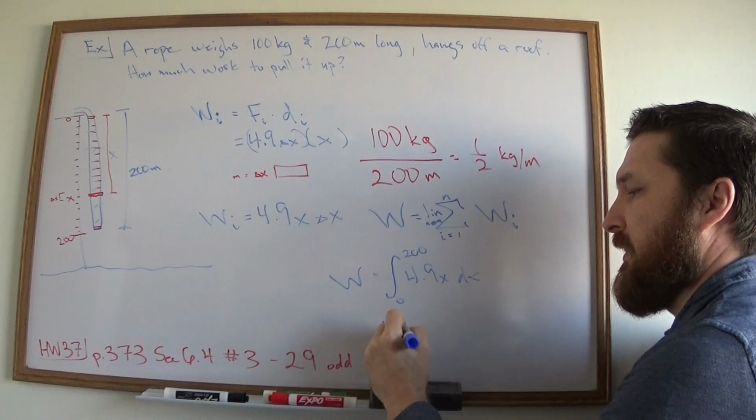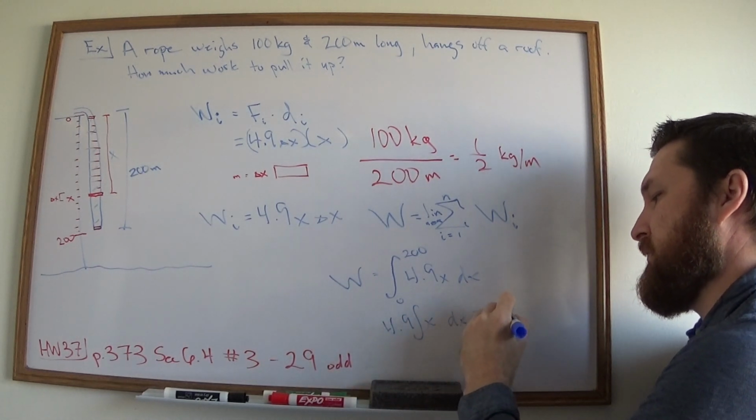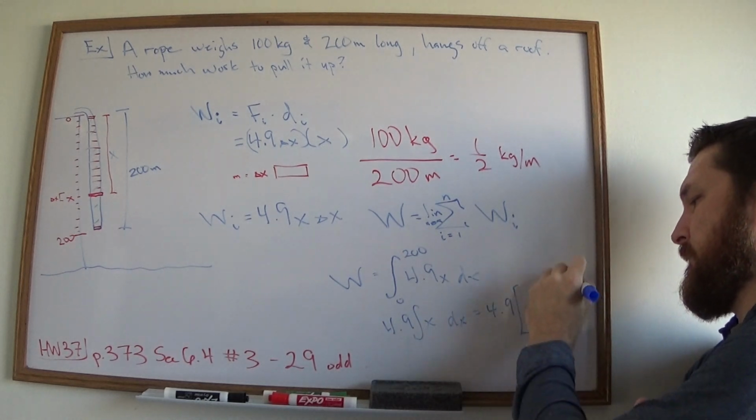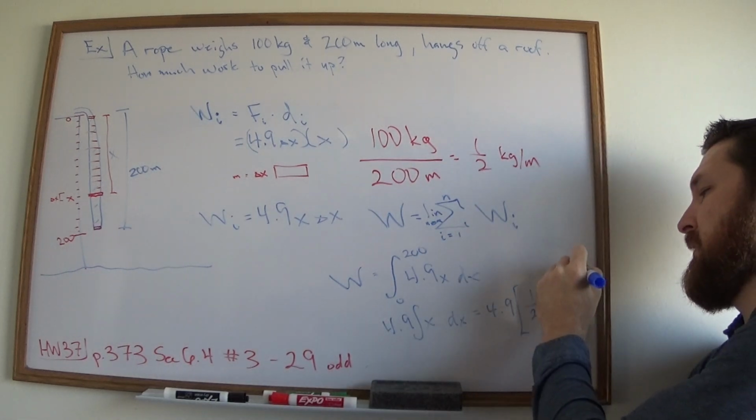And so I'm going to pull out that 4.9, and I get my x dx, which is 4.9 times what? 1/2 x squared, evaluated from 0 to 200.